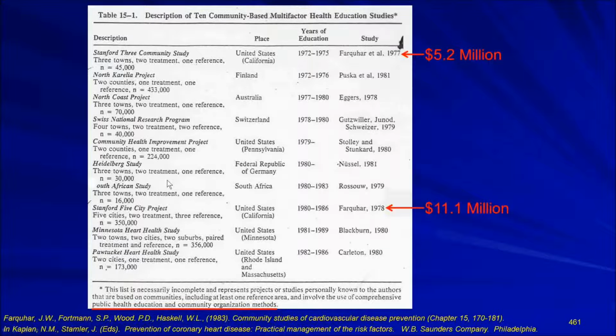Now, let me mention that community trials are still alive and well, but predominantly they are not conducted in the United States because of their cost. The main place that a community trial goes on still today is in the United Kingdom.